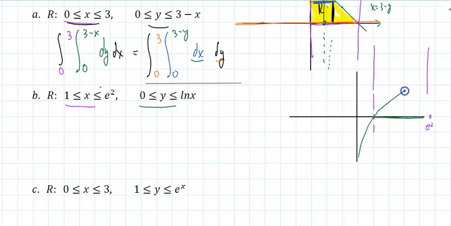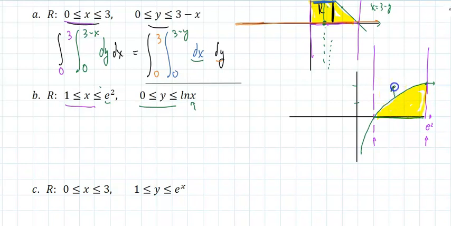Natural log of x is a graph that looks like this. If you put e squared in there, you will get a 2. The graph continues, but I am interested only in the region between 1 and e squared and 0 and the graph. So this is really what I'm looking at.